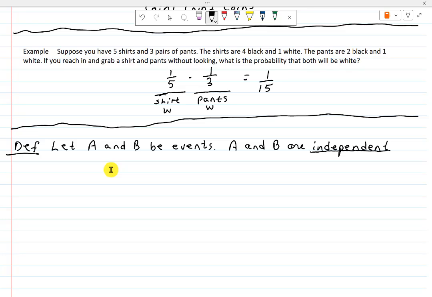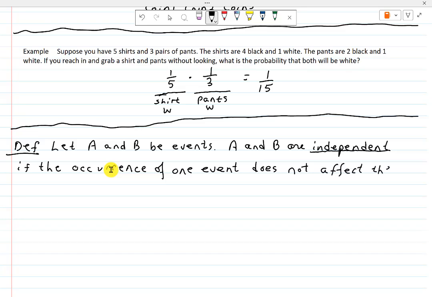These events are independent if the occurrence of one event does not affect the probability of the other event from occurring.